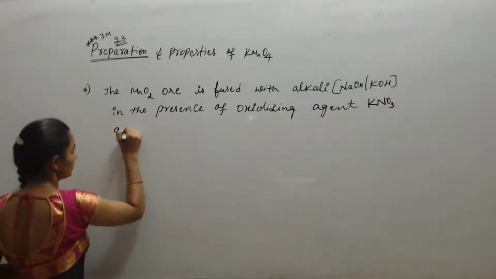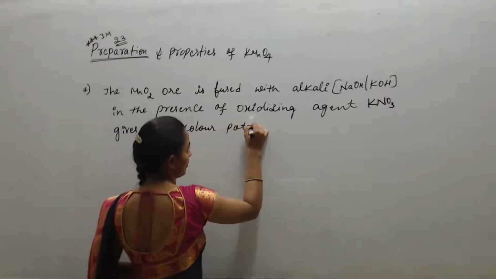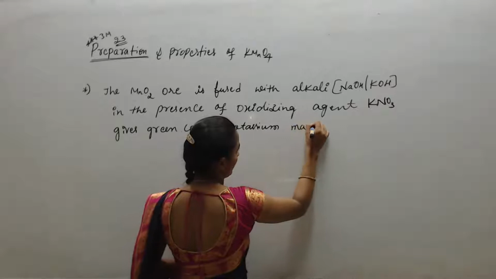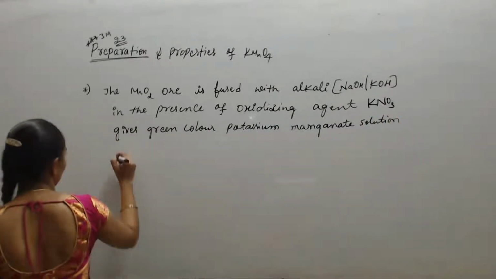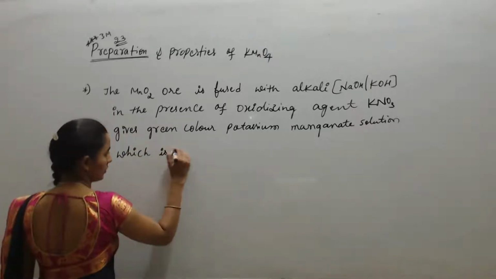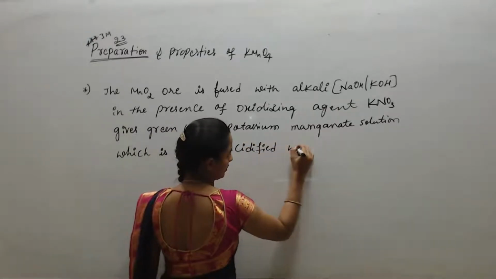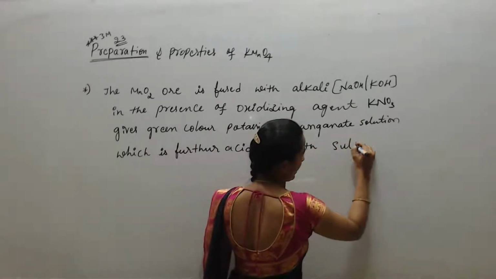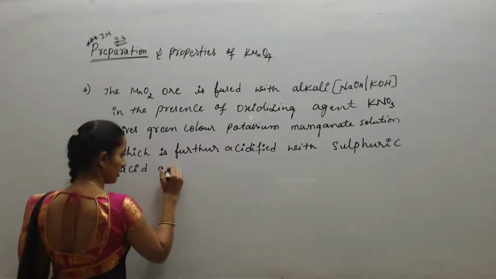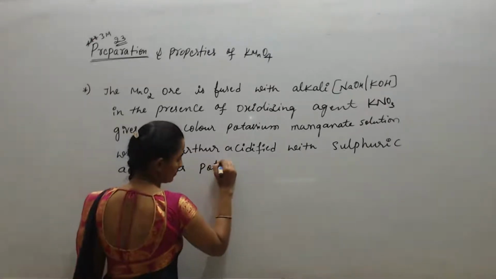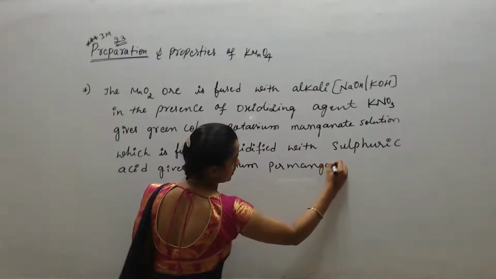It gives green color potassium manganate solution, which is further acidified with sulfuric acid and gives potassium permanganate.